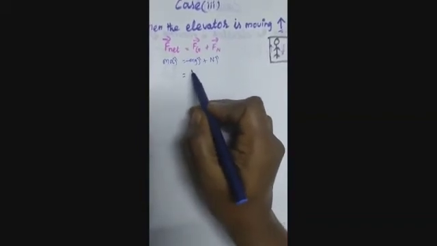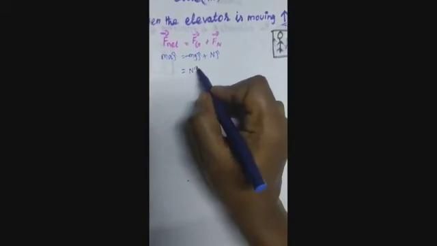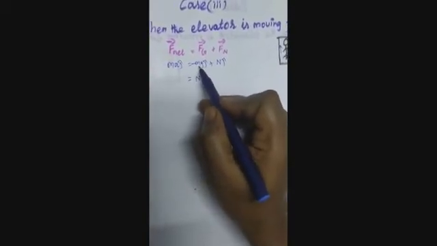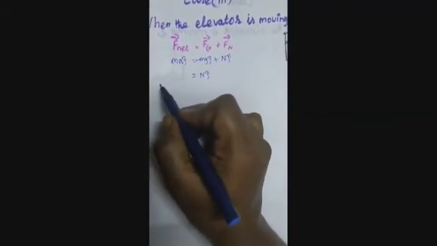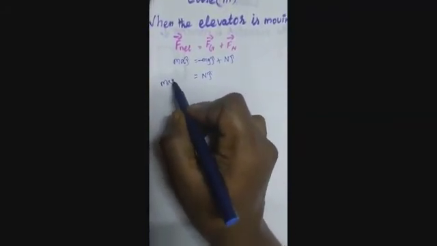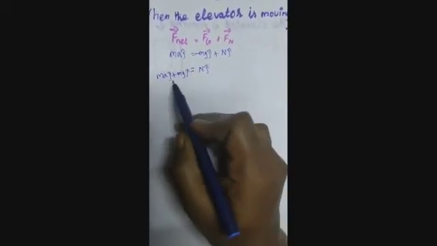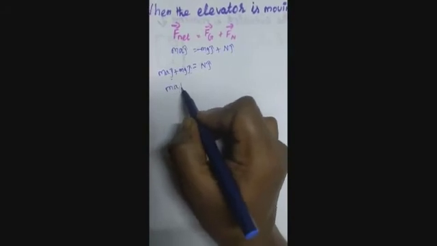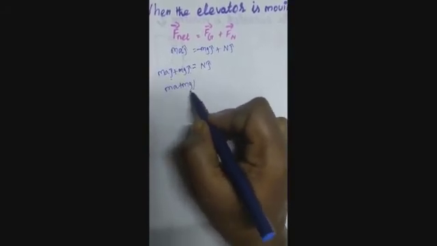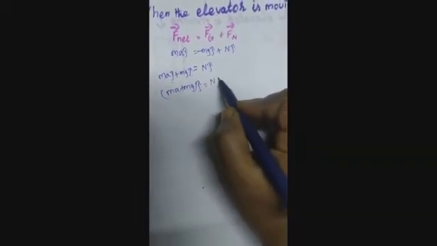Now we rearrange the terms. N j cap is equal to, the minus mg comes to this side and becomes plus, so ma j cap plus mg j cap. Taking j cap common, ma plus mg into j cap equal to N j cap.